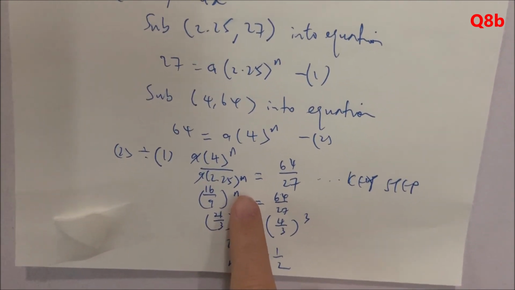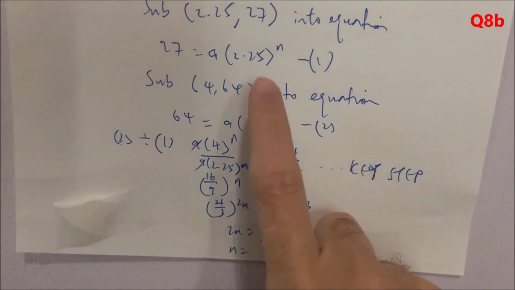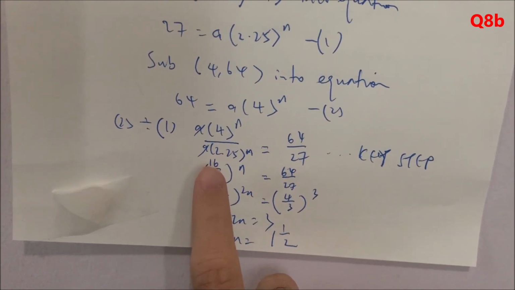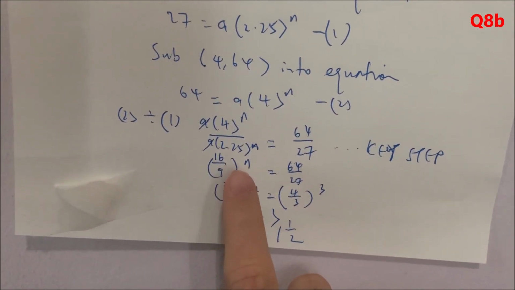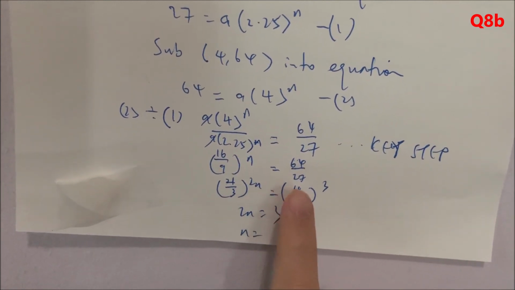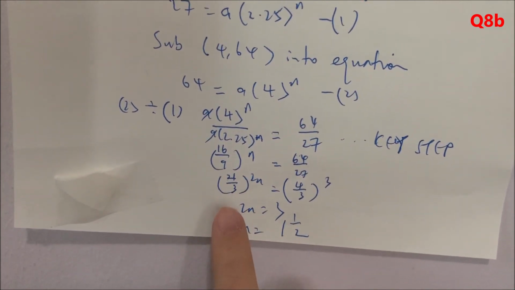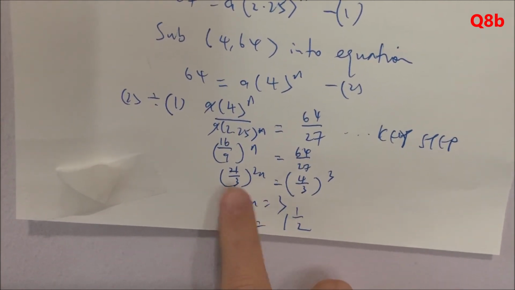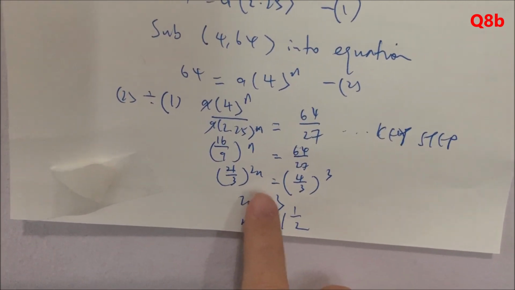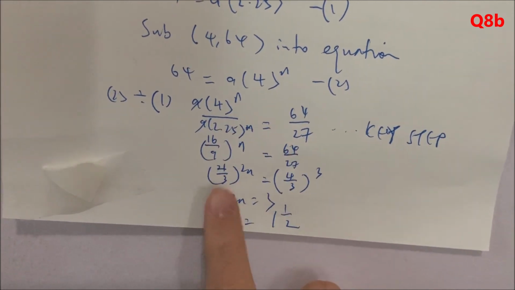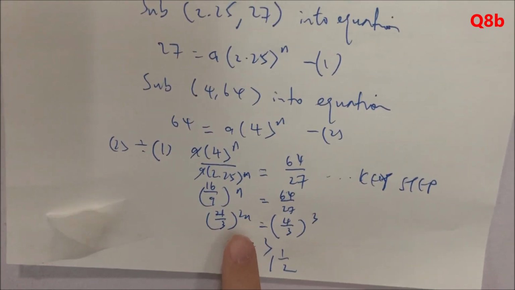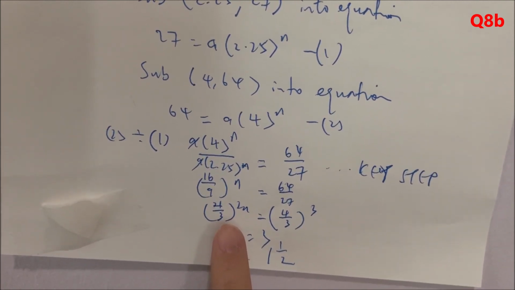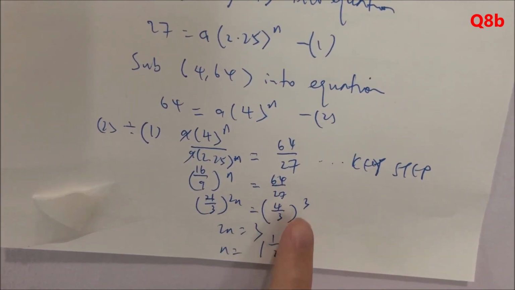Just divide equation 2 over 1, so that when you divide, the a cancels, and then you can take out the base. You check that you make sure that the base is exactly the same. Okay, so both left and right can be expressed in terms of 4 to the power 3 to a certain power.